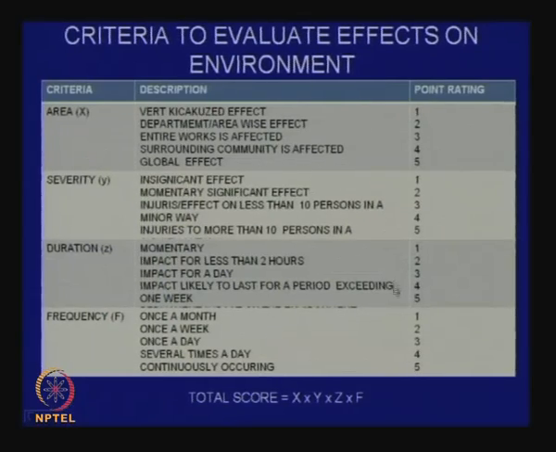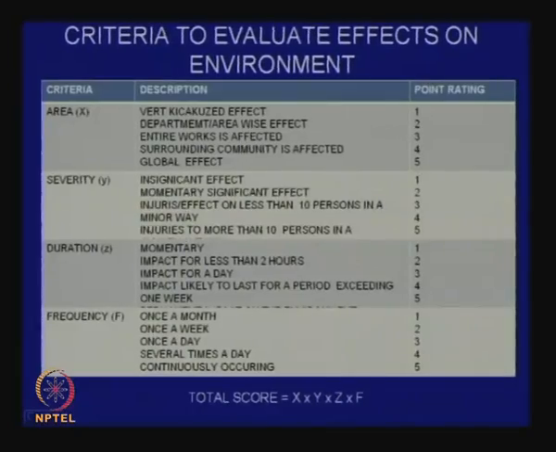And after we have picked up a certain activity, we give these grades, then the total score is x into y into z into f. Please remember it is not plus, it is multiplied. Why is it multiplied?